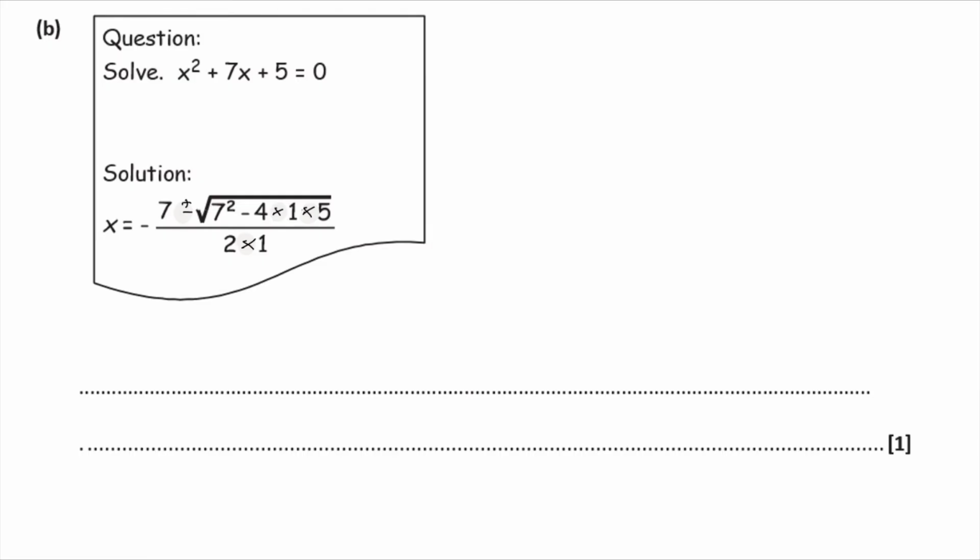Well, if you remember, the quadratic solution should be x equals minus b plus or minus the root of b squared minus 4ac over 2a. Or minus a, I should say, if I'm just doing it algebraically. So I can see already what the problem is. It's here. This minus sign is in the wrong place. It should be negative 7, not negative all of that fraction. That's going to give you a different result.